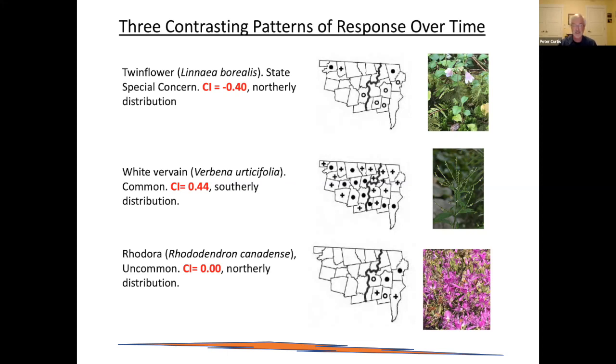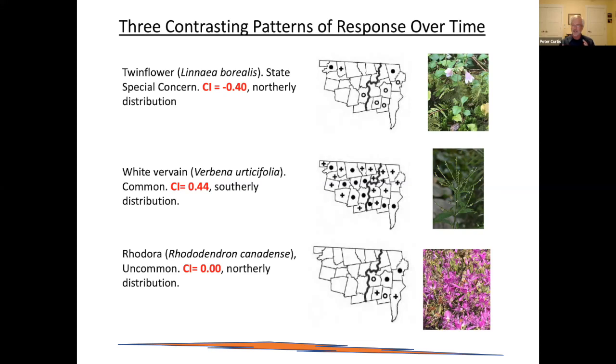It has a northerly distribution, not particularly common here. It disappeared from 2 sites, appeared in 2 more, and stayed put in 2 of the towns where it had been seen previously. So its change index is 0. There's been no net change, although there's been some shifting around within Franklin County.